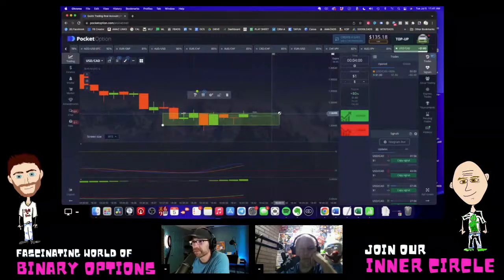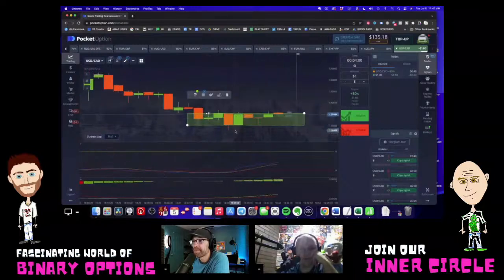I've got 1 minute left, so if I can get another green candle out of this, then I'll be good. But that's not a bad position. I actually think that I should have got the position when it hit the bottom. If I would have got it at the bottom of this point, I would have been winning big time. And I think that's kind of hard.